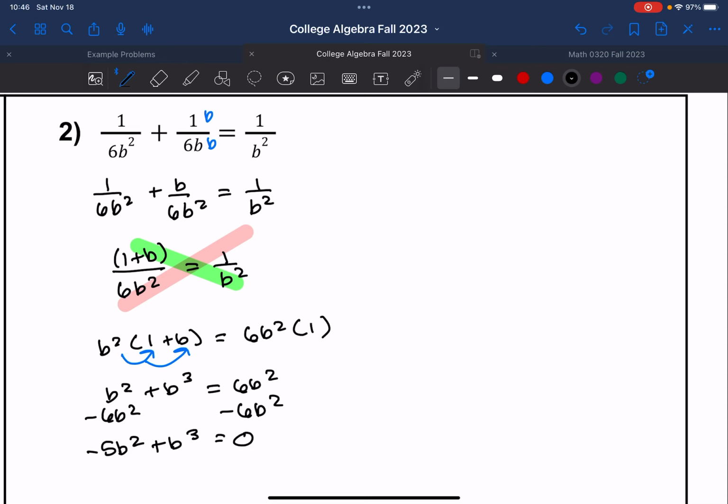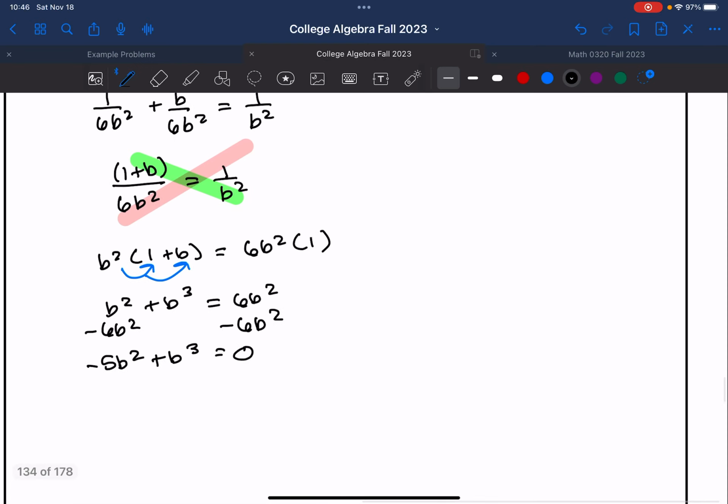Okay, this is another one where it looks like we're just taking out a GCF in order to factor. So that means the most I can take out of both of these would be a b squared. So b squared, and I'm left with -5 plus b is equal to 0.